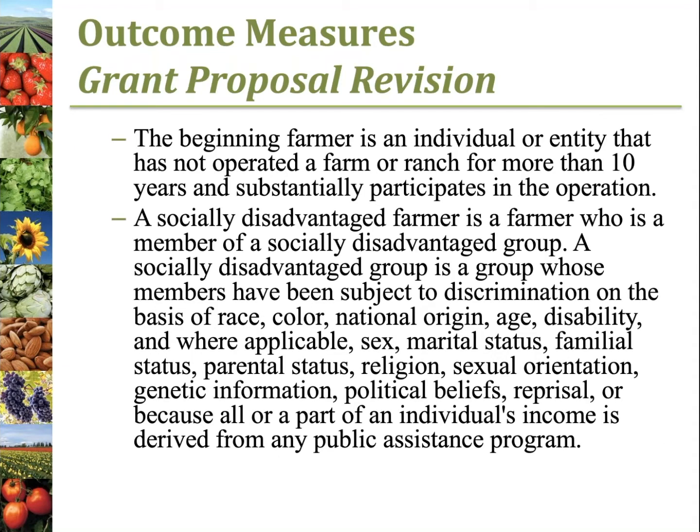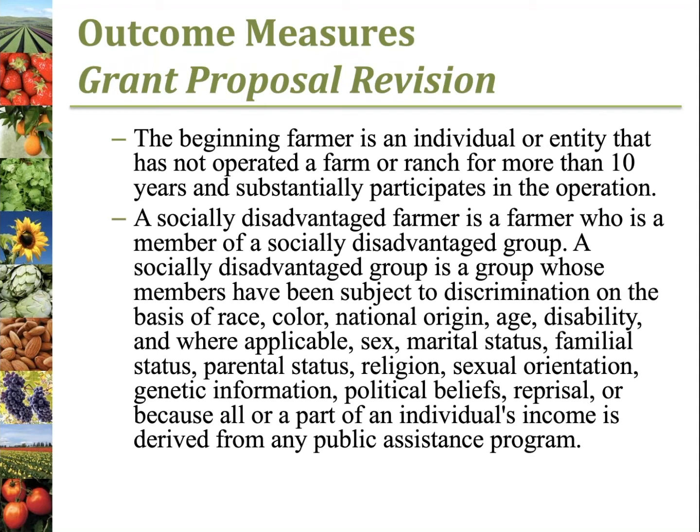And a beginning farmer is an individual or entity that has not operated a farm or ranch for more than 10 years and substantially participates in the operation. And a socially disadvantaged farmer is a farmer who is a member of a socially disadvantaged group.